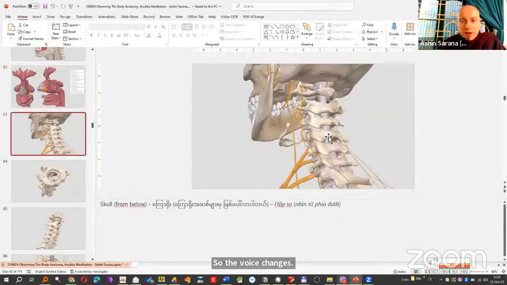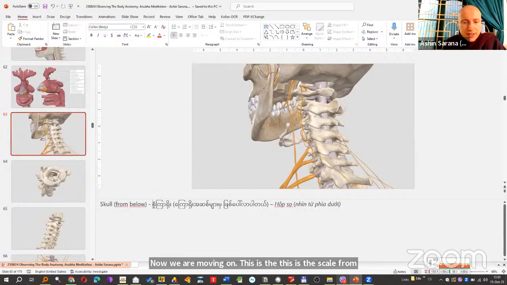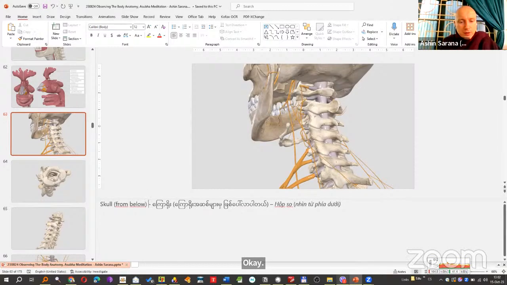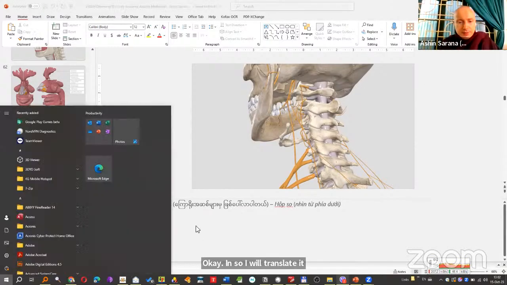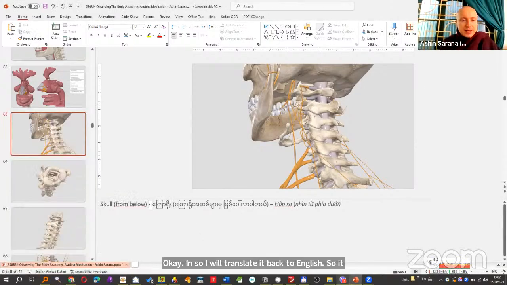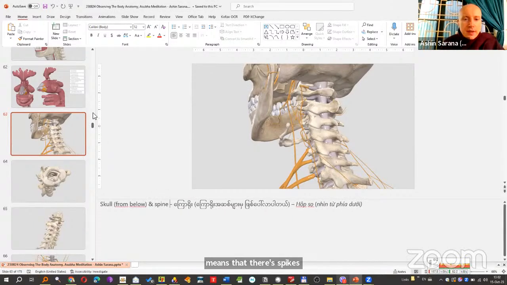Now we are moving on. This is the skull from below, but it also is the spine, and I have it here only in Burmese, so I will translate it back to English. So it means spine, skull, below, and spine. So we get the spine here.